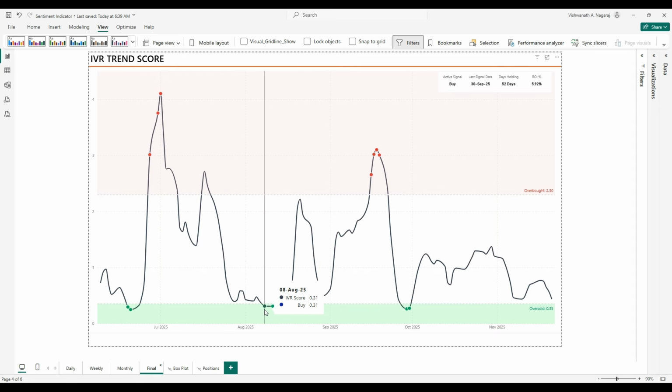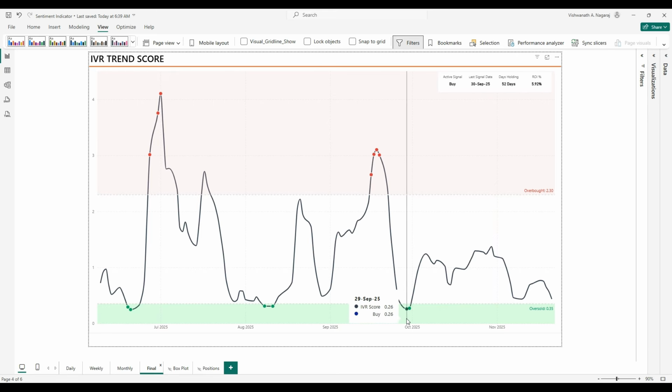But then eventually it did come back to my position on 8th of August, and then similarly again the green dot, and it goes on. I longed the market on 8th August and exited my long on 16th September, and immediately shorted because it's a SAR system.